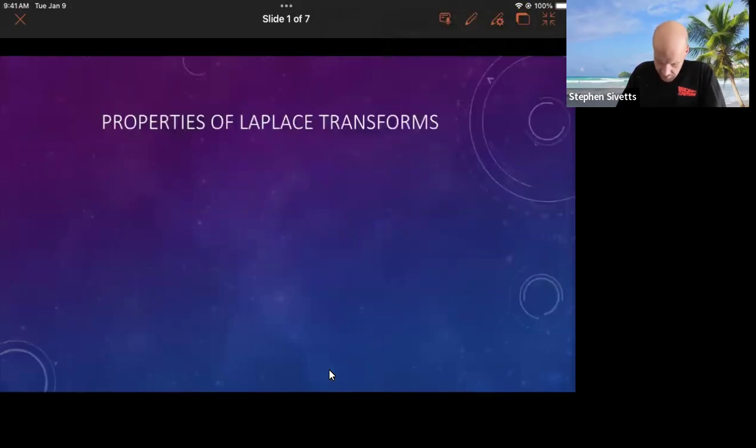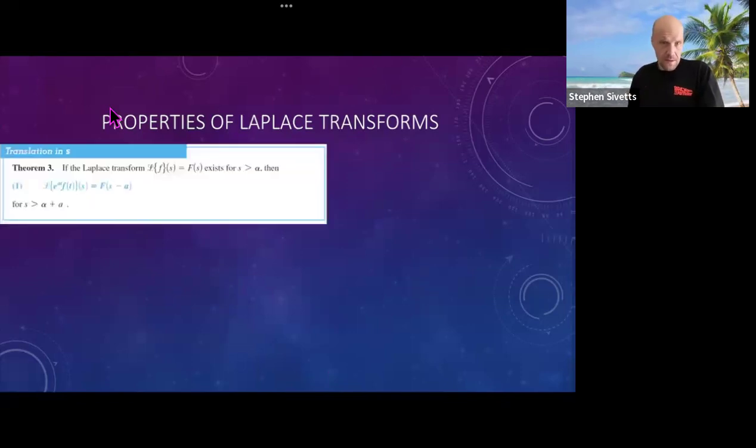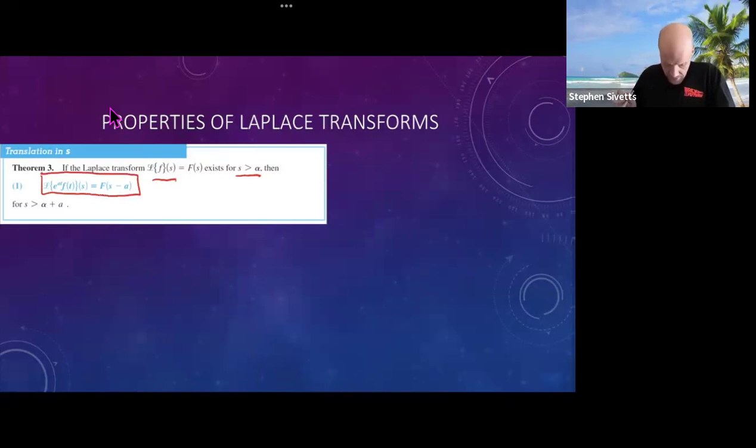There are some properties of Laplace transforms that I need to cover first. Here's the first one. If the Laplace transform of a function exists for any s value bigger than alpha, then the Laplace transform of e to the at times f of t, evaluated at s, is equal to the capital F function of s minus a.